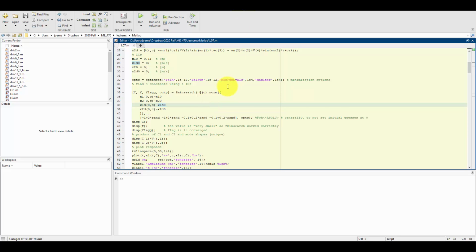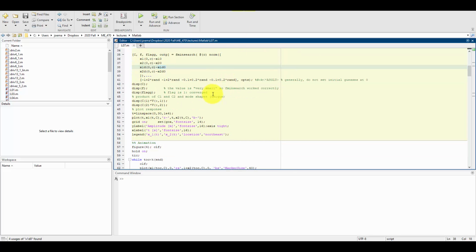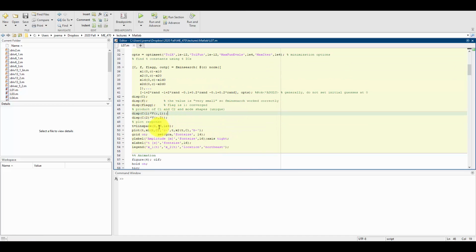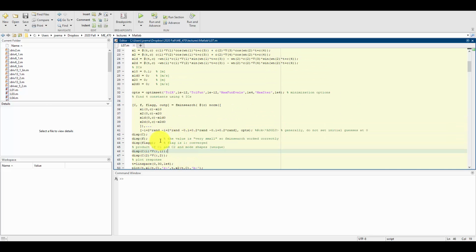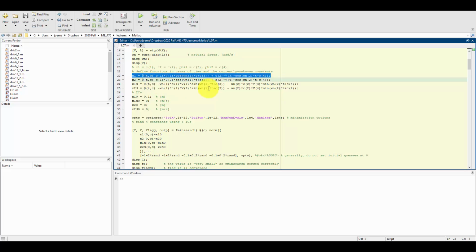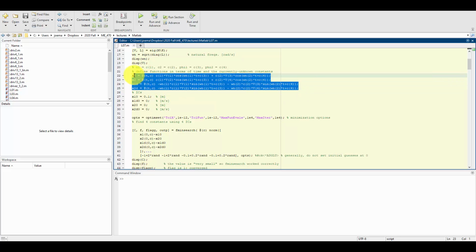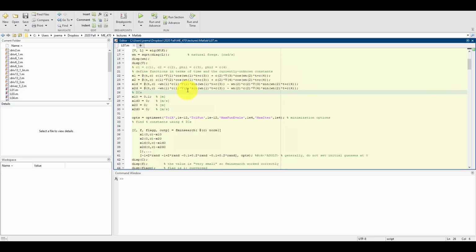So let's take this and plot it. What do x1 and x2 look like? So we can just put it all together here in the code. Now that I know x1 and x2, now that I've discovered those constants c1, c2, and phi1 and phi2, I can feed those back into these definitions up here for x, x1 dot, and x2 dot, although we only care about x1 and x2 here.